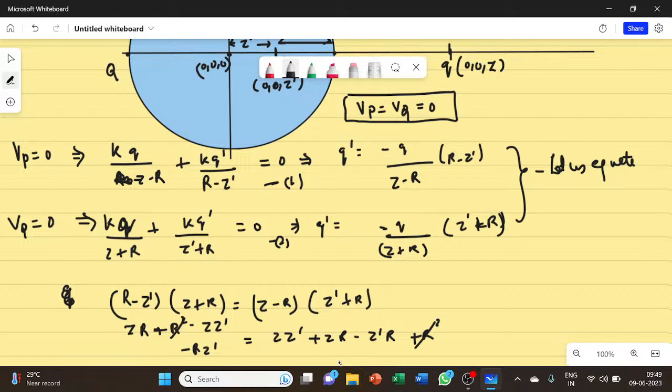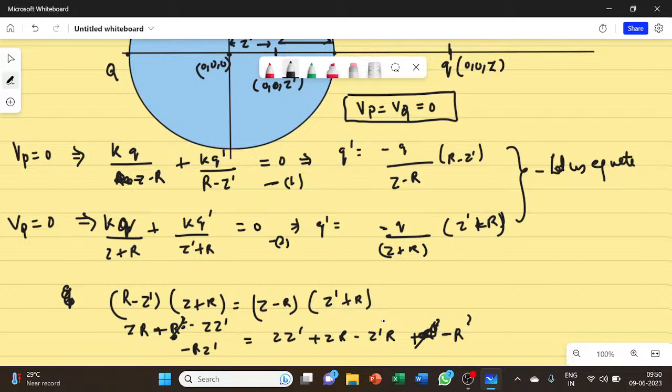I think this is r minus z dash, right? This is r minus z dash, this is z minus r, this is z dash plus r. Okay, this was minus r square, my mistake. So this was minus r square, and z into z dash, z into r, minus z dash into r, and then minus r square. Okay, sorry, it will not get cancelled.